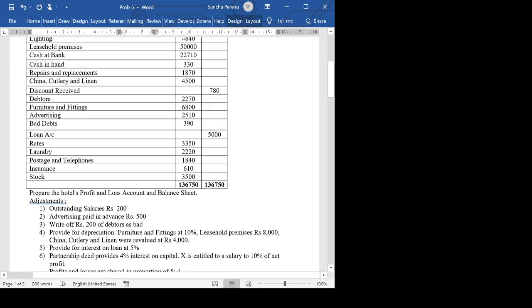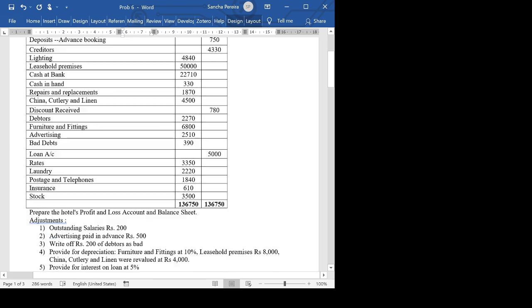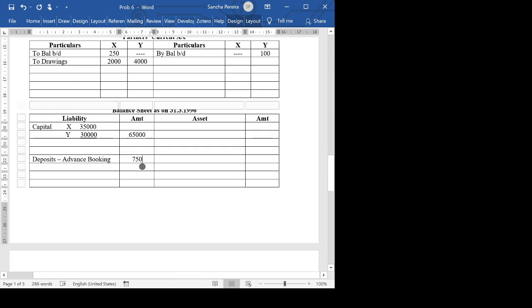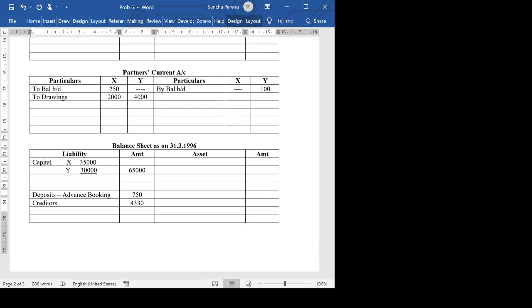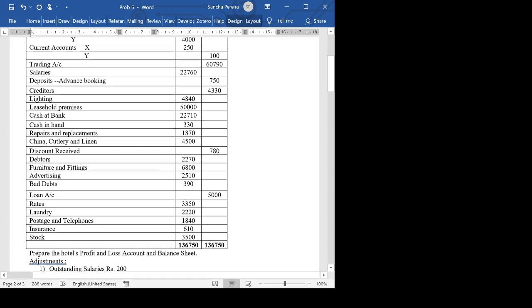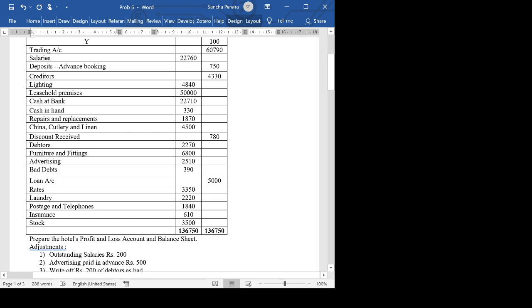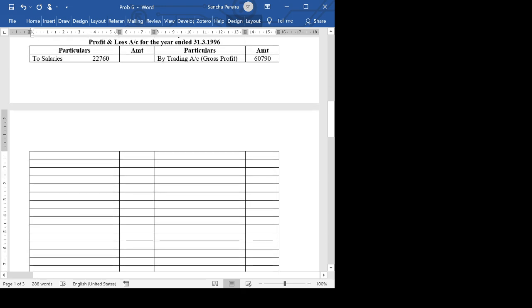Then we have creditors 4330. Creditors. Then there is lighting 4840.